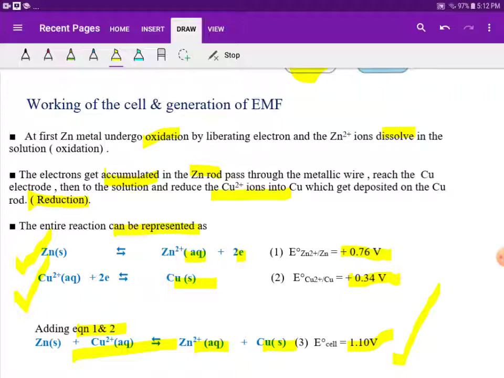As you look, that is very important. The EMF of a cell is always a positive quantity. And here the superscript 0 indicates that the cell works under standard state. That aspect will also be discussed later.